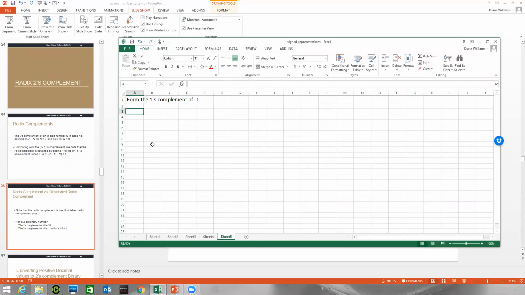All right, so we do that by writing the magnitude of 1, adding a sign bit to the left. Actually, let me kill this. We make this big.